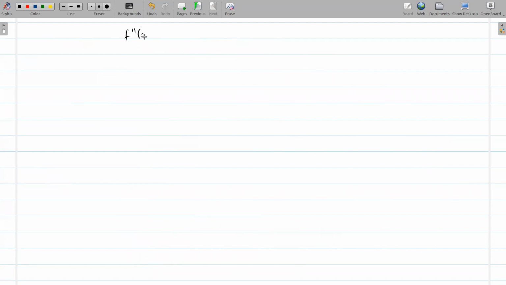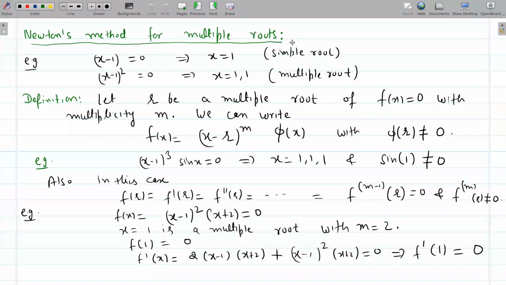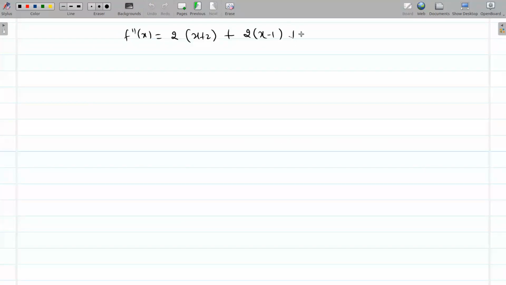Write f double dash x, that will be 2 times (x plus 2) plus 2 times (x minus 1), and the derivative of (x plus 2) is 1, then 2 times (x minus 1)(x plus 2) plus (x minus 1) square, then the derivative of (x plus 2) is 1.